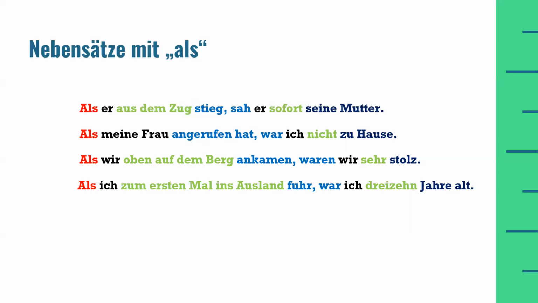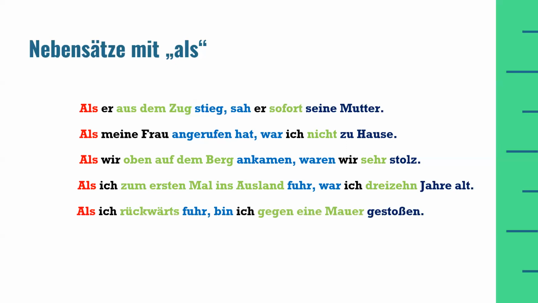Therefore, we can use als conjugation here to describe this event. Another example. Als ich rückwärts fuhr, bin ich gegen eine Mauer gestoßen. I hit against the wall.